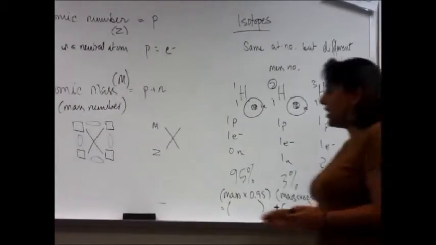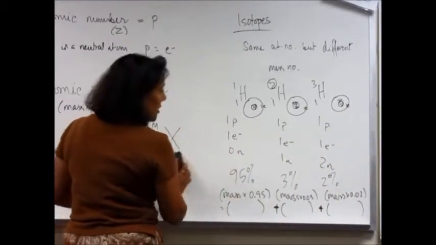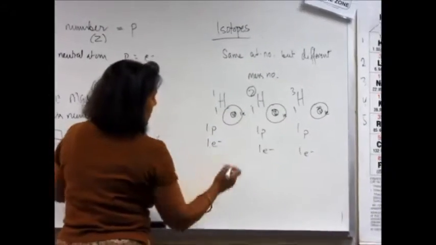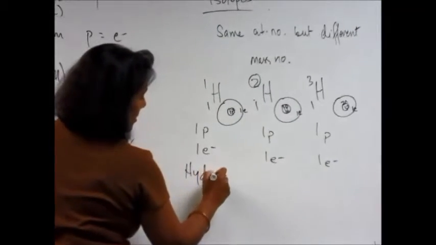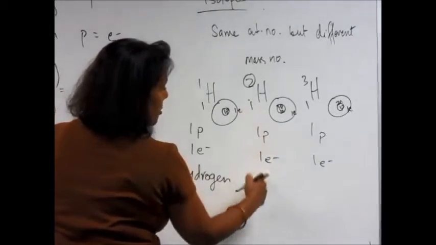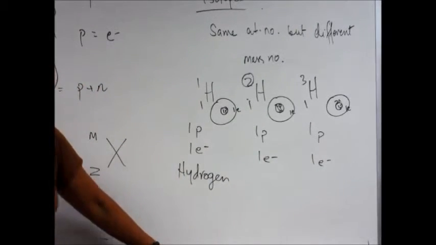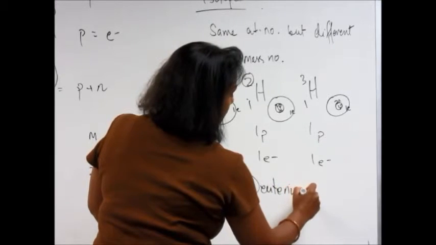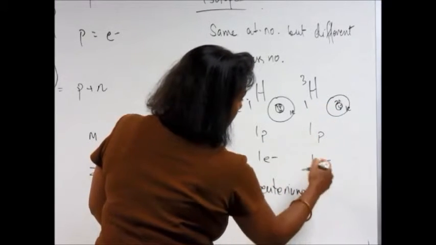And maybe because of that weirdness, I'm not quite sure, but this is called hydrogen. Hydrogen 2 is also called heavy hydrogen, but it's also called deuterium. And hydrogen 3 is called tritium.